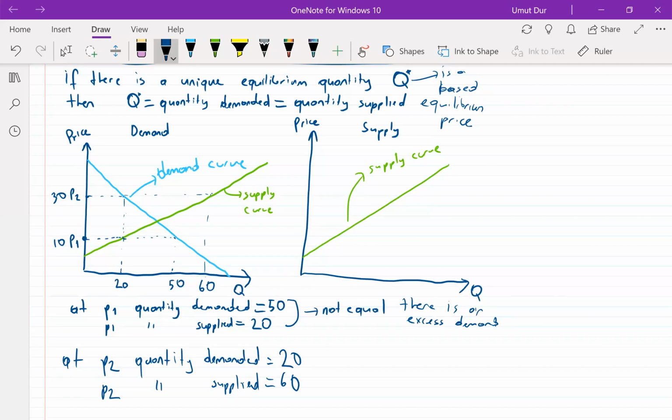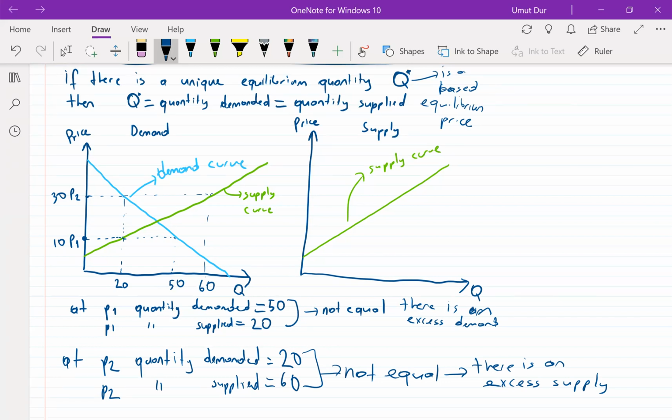Since they are not equal again, there is an excess supply.